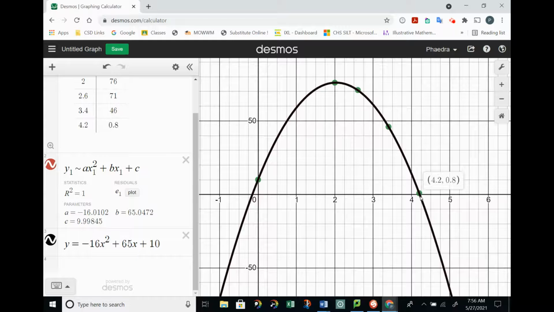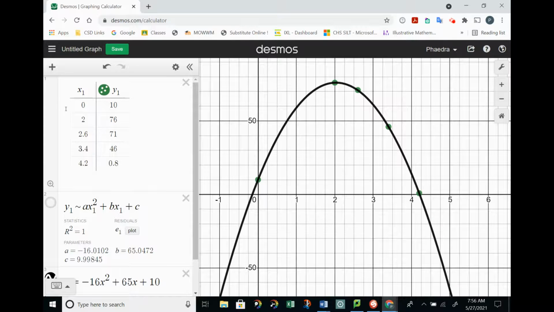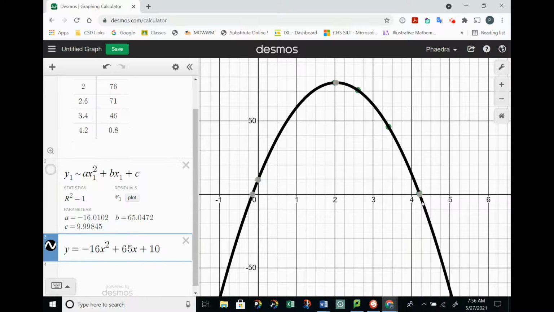I'm going to turn these off because I'm going to leave them in there, but I'm just going to turn them off so I can have my data a little bit clearer. And now I'm going to look. So there at 4.211 is your zero. And then this zero over here is negative 1.48.